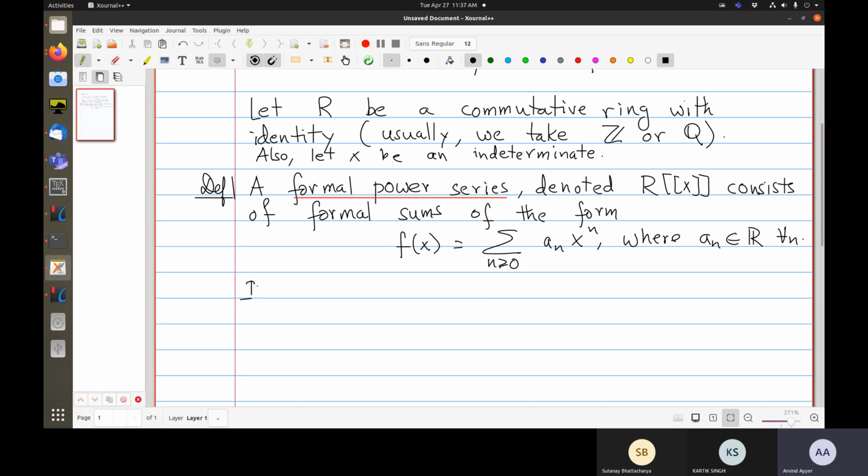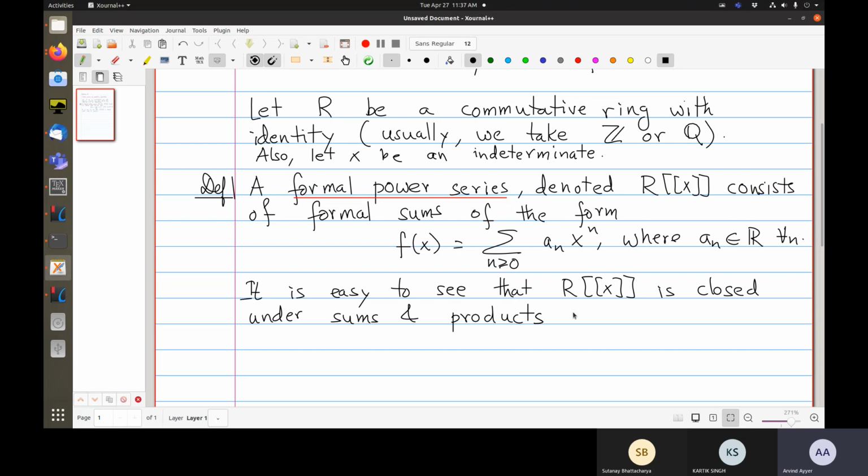So it is easy to see that R double box X is closed under sums and products with the identity elements being 0, which is when all these coefficients are 0, and 1, which is when a_0 is 1 and all the other a_n are 0, respectively.